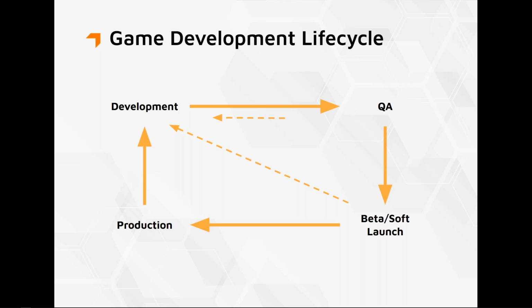Then from QA, typically, most studios will do a beta or a soft launch. This could be a restriction on the geographic area that a game is available in the Play stores. So you may want to just limit the release to the US or say the Philippines to collect some real world data from users out there.